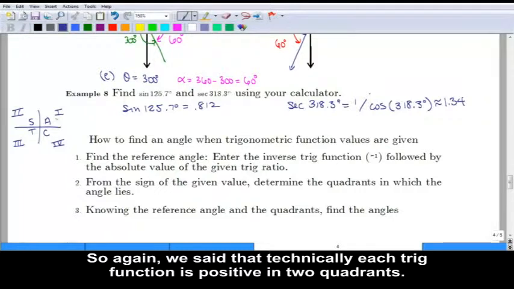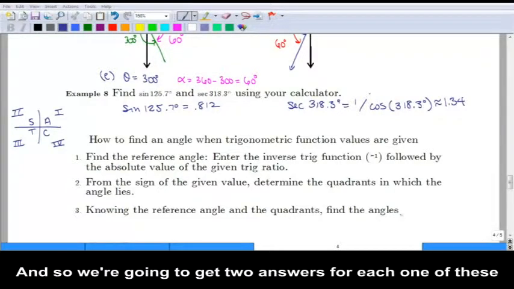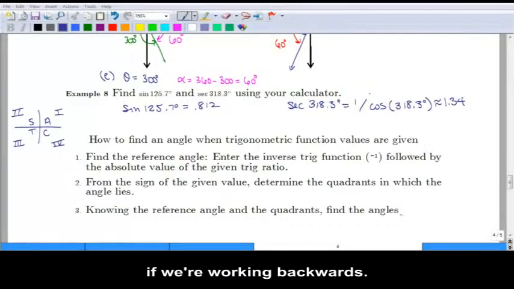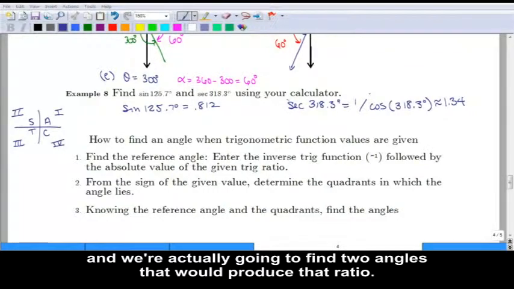So again, we said that technically each trig function is positive in 2 quadrants, and so we're going to get 2 answers for each one of these if we're working backwards. If we're given a ratio, we can go backwards, and we're actually going to find 2 angles that would produce that ratio.